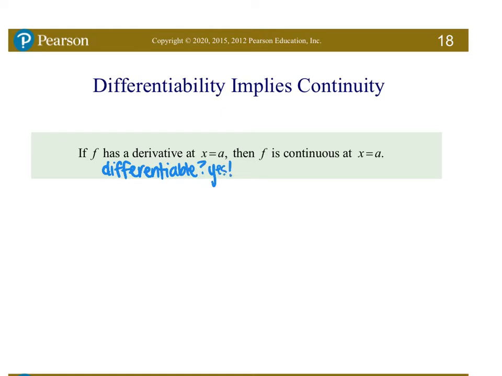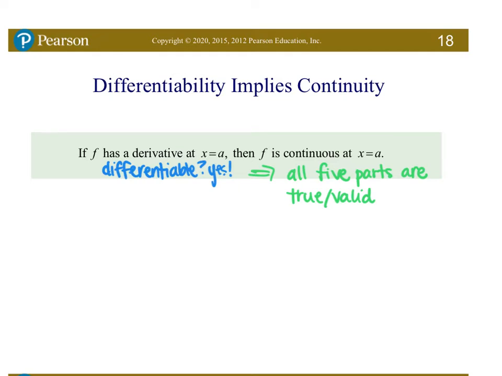That means that all 5 parts of the definition are true. Okay, so if you've gotten to the derivative, that means that you've gotten through all 5 pieces, and so it's continuous and differentiable. But if you switch that around, that is not true.